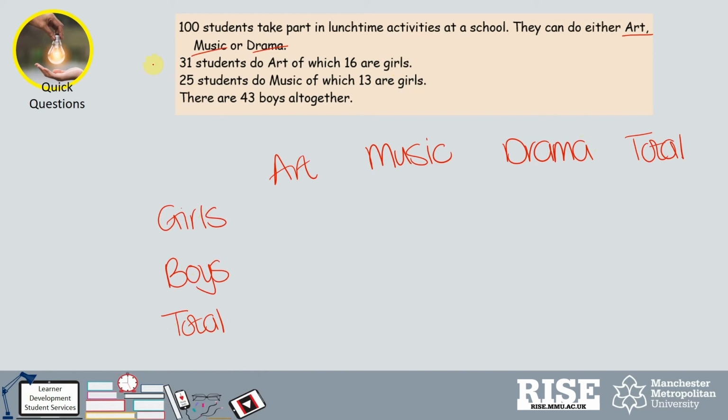Let's look at the information from the question then. There are 100 students altogether. So my total row and total column will be 100. 31 students do art. So the total for art is 31, of which 16 are girls. So 16 girls do art. 25 students do music, of which 13 are girls.